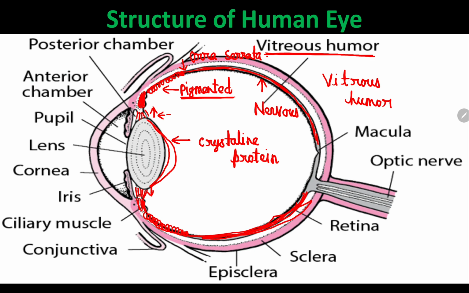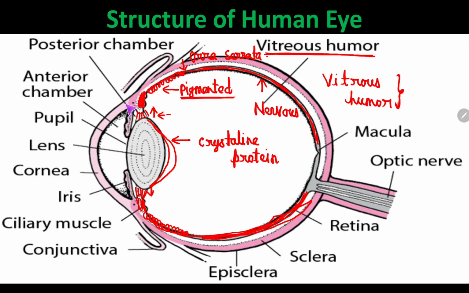This vitreous humor is rich in hyaluronic acid, and it forms only once in life, only in the embryonic stage. Once it is formed in the embryonic stage, it will never form again. And because of this jelly-like material, our eye has a particular shape. So the vitreous humor decides the particular shape of the eye.